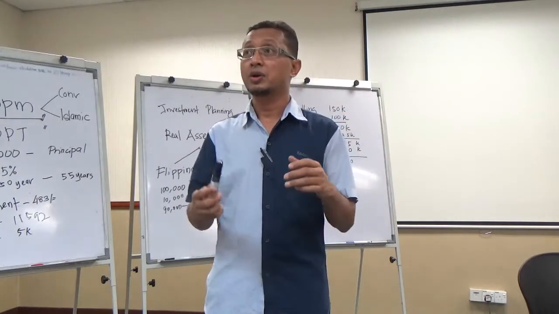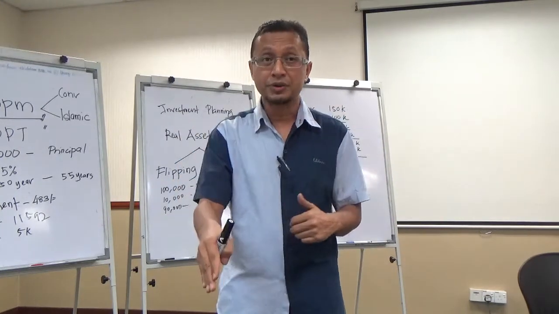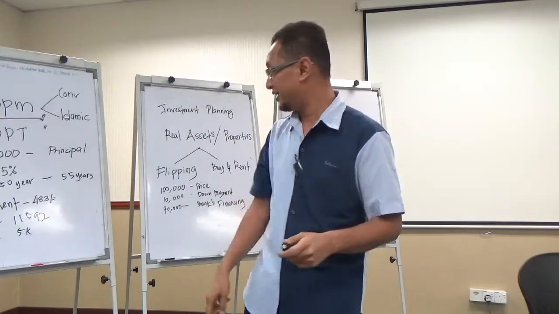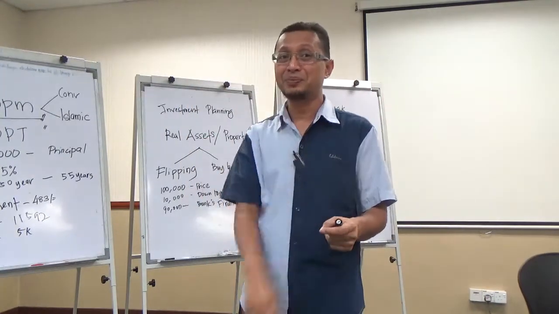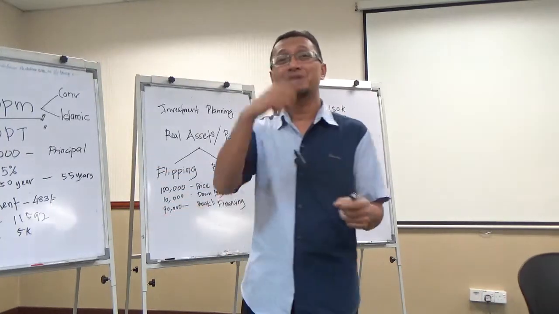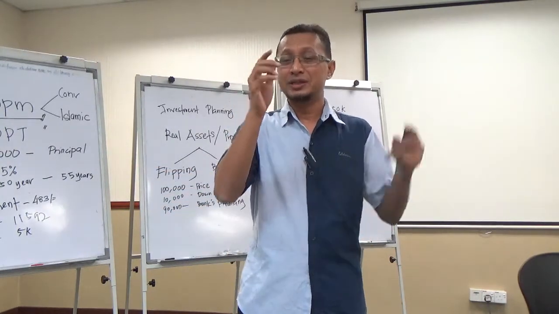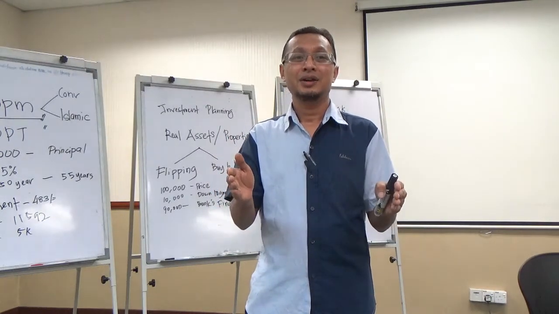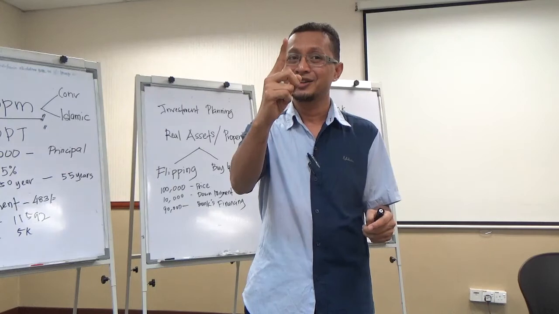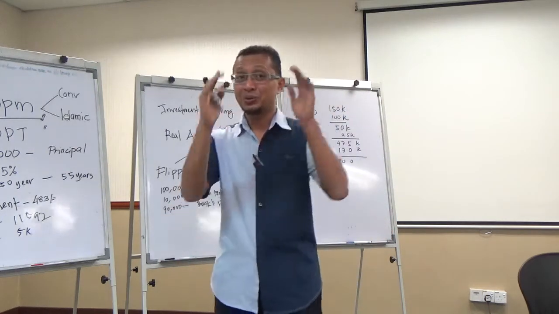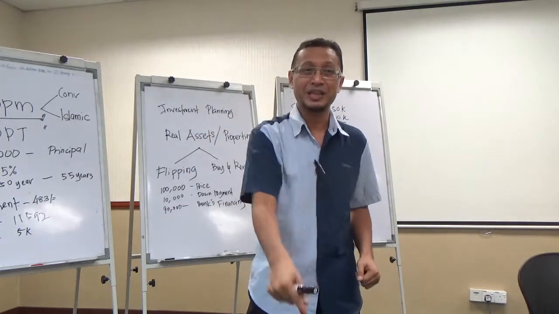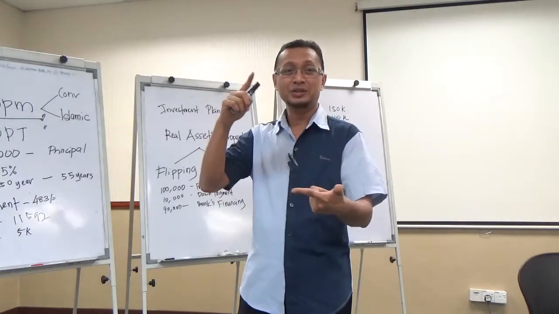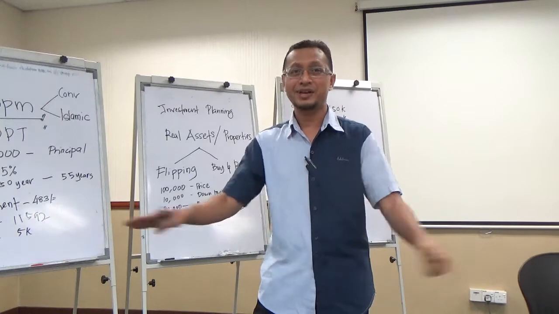Because whenever we win the auction, we may not be able to pay, for example the deposit, or maybe we cannot pay the whole thing, because when we go for auction we are given 3 months or 1 month to settle everything. So whenever you want to go for auction, you need to liaise with your contractors and your bankers. Your bankers must be ready.